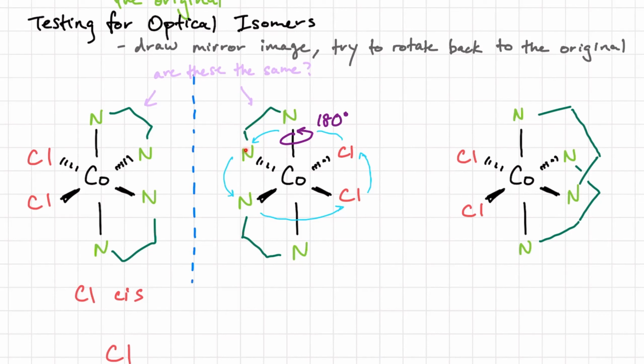This one's going to move 180 degrees, so I'm going to go 90, 180. So in my rotated image, after I rotate it 180 degrees, that nitrogen, which originally was here, is going to end up in this position.